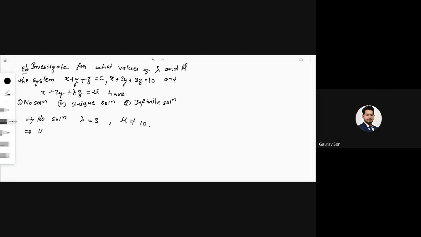For unique, lambda is not equal to 3 and mu can be any element of the set of real numbers. And the third one, infinite solutions, lambda is equal to 3 and mu is equal to 10. If anyone has any problem you can ask.